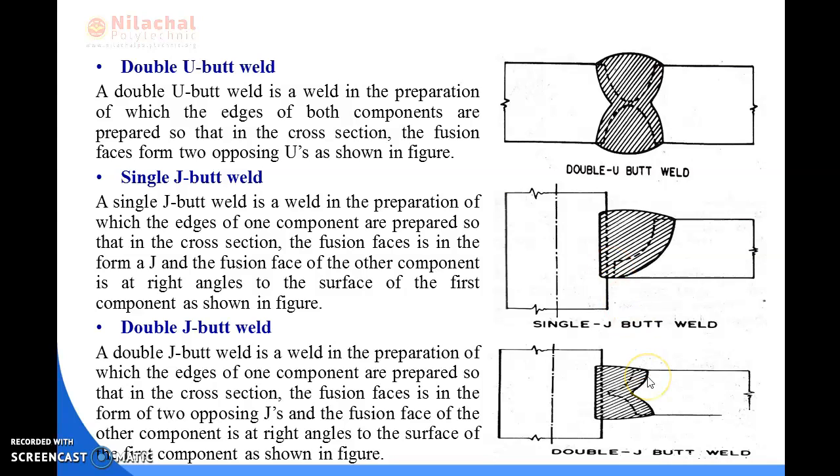But in case of double J butt weld we have to cut the two edges of the plate as letter J. So you can see in the figure we cut this portion of the plate as J as well as this portion of the plate as J, and the second plate is at right angles to this plate, and after that welding is provided.